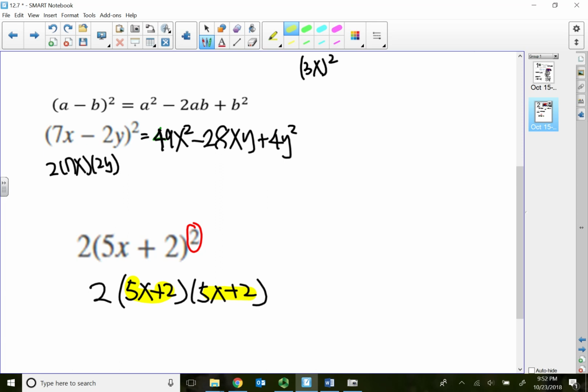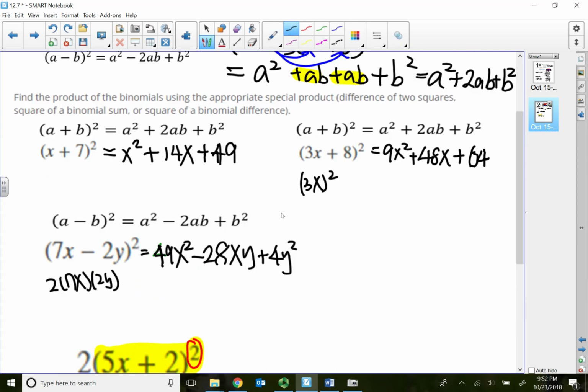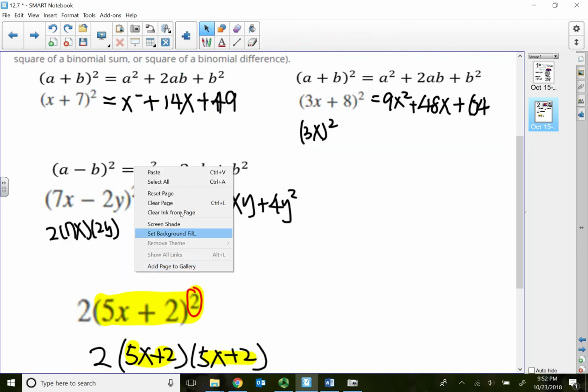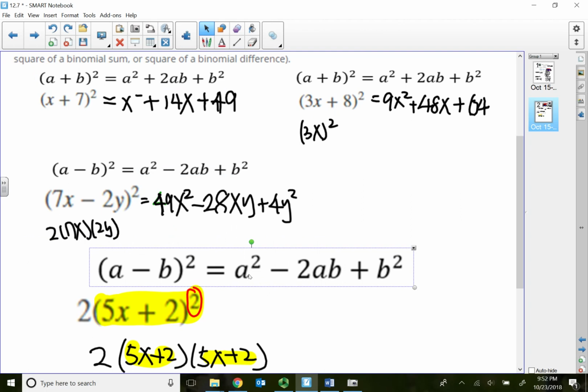So what that means is I'm going to do 5x plus 2 whole thing squared first, which will actually give me, well, let me copy this again. So if I have my formula right here and match it to my A and B, who's my A and B?